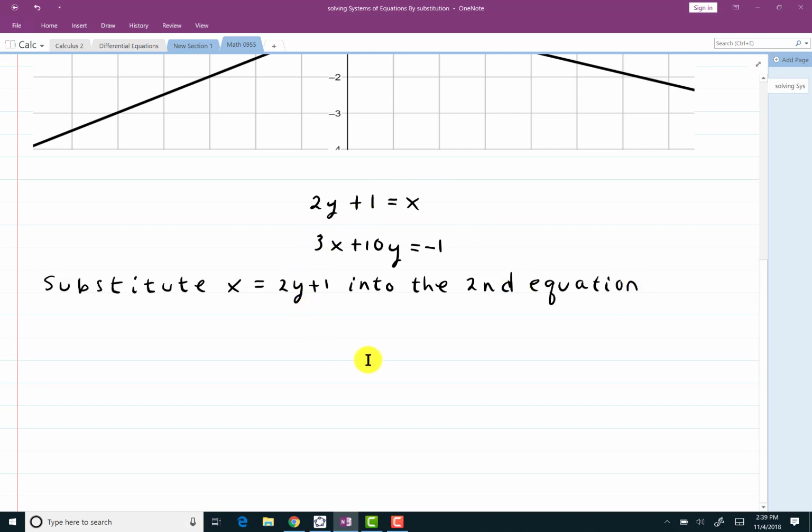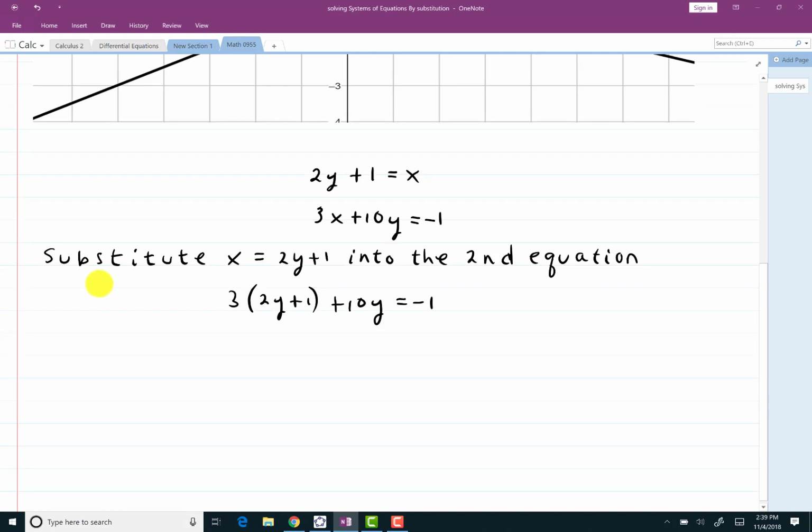So let's go ahead and do that. I'll have 3, but instead of the x, I'll replace it with 2y plus 1. And then you had plus 10y, and that equals negative 1. So I'm going to then solve for y. Once I figure out y, I'll go back to this first equation to figure out the x value.